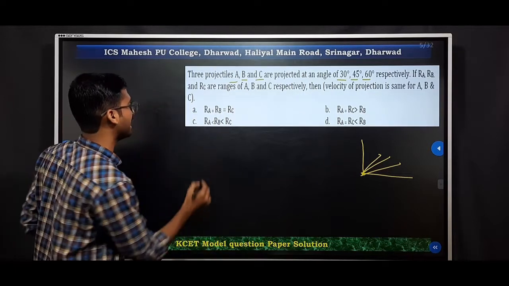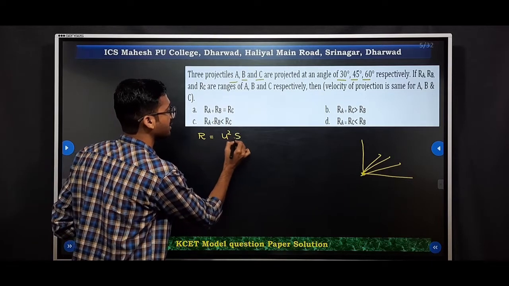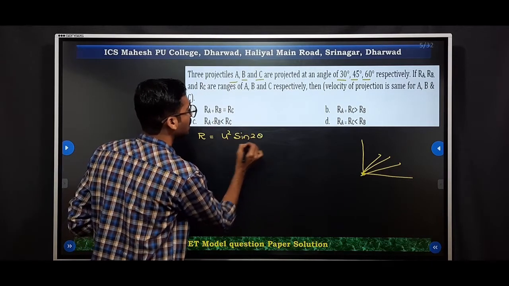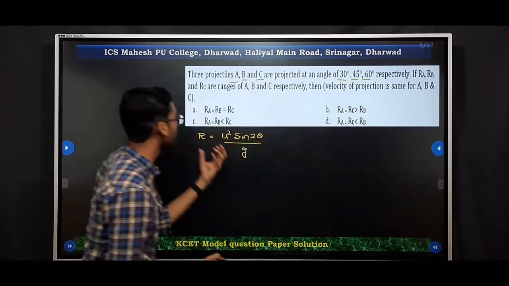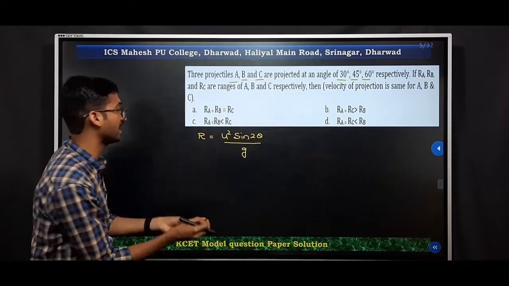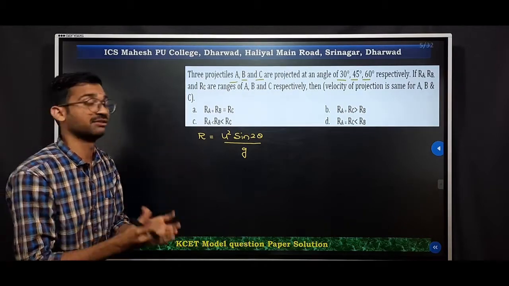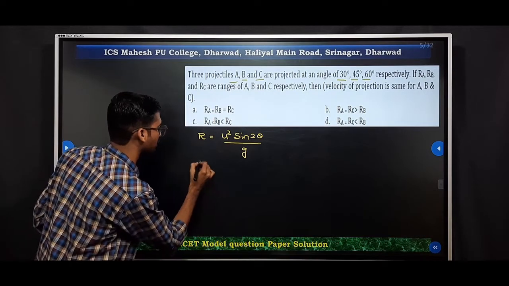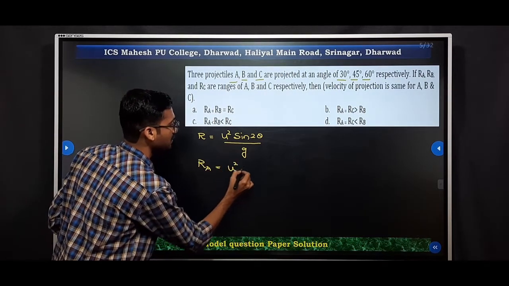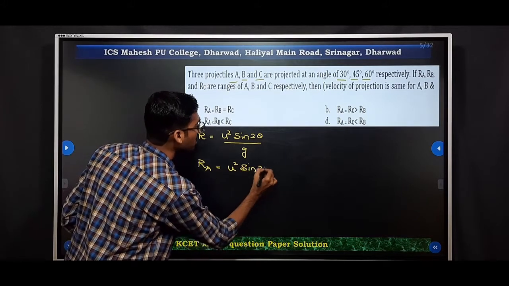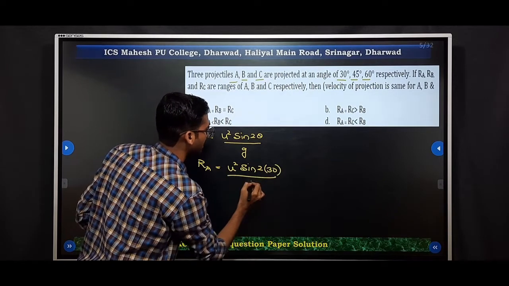Therefore, for the range we have the equation: range is equal to u square sine of 2 theta whole divided by g, where u defines the initial velocity. As we have 3 projectiles, for each projectile we have to write down the range equation with their corresponding angles. Therefore, for projectile A, R subscript A is u square sine of 2 into theta, that is 30 degree, whole divided by g.